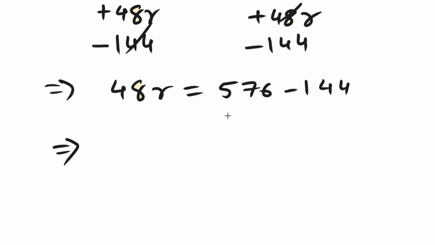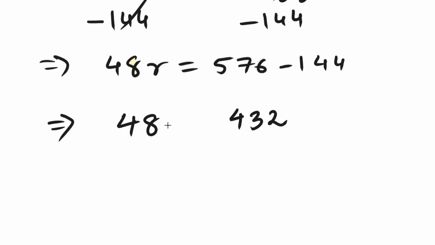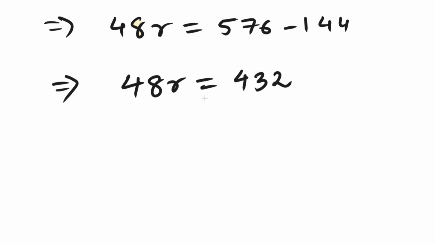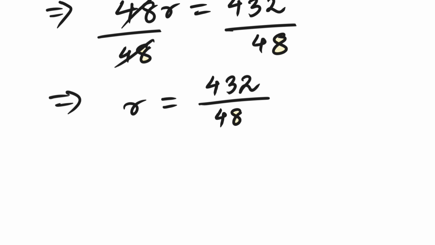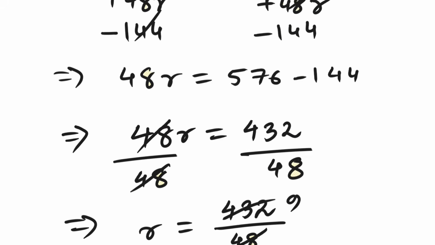Now, calculate that difference. 576 minus 144 equals 432. Therefore, 48r equals 432. To isolate r, divide both sides by 48, so r equals 432 divided by 48, which gives us 9. Therefore, the radius of our semicircle is 9 units.